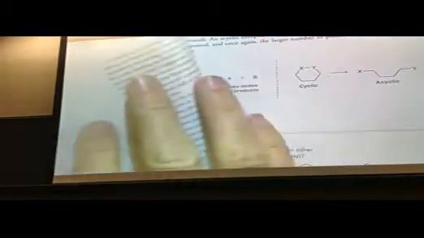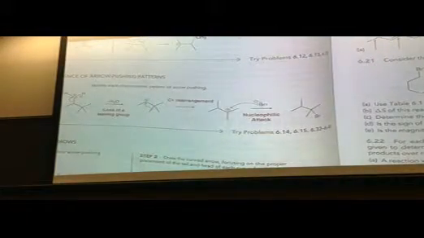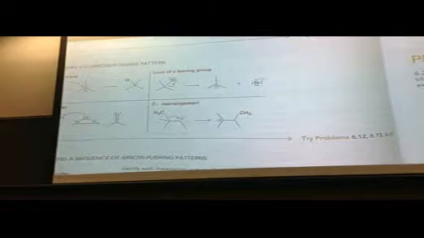Now, besides all that, in this chapter there are four common, sometimes they call them dance moves, that you want to be aware of. They're summarized in the back. And just practice looking at that and being able to perform those moves. Anytime I ask you for a mechanism, remember, this is on page 272, I'm going to give you the starting material and the product.